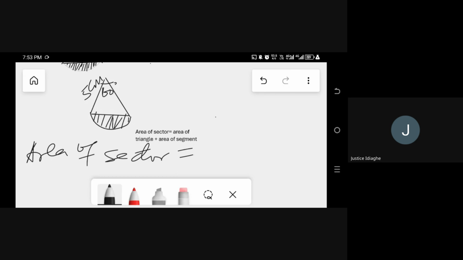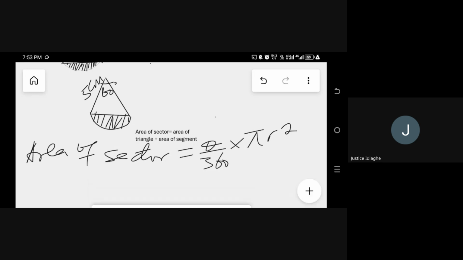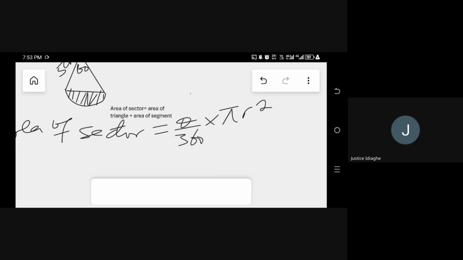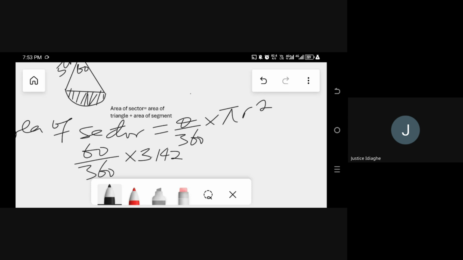The area of the sector is theta over 360 times pi r squared. And our theta is 60, so 60 over 360 times pi, which is 3.142, times r squared, that's 5 to the power of 2.